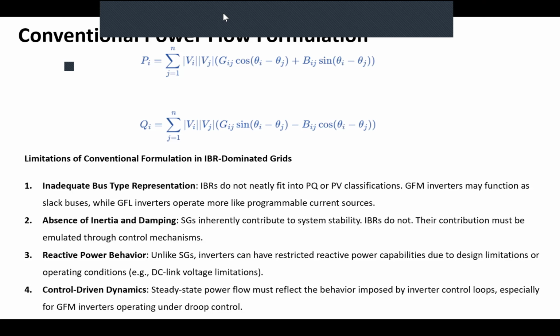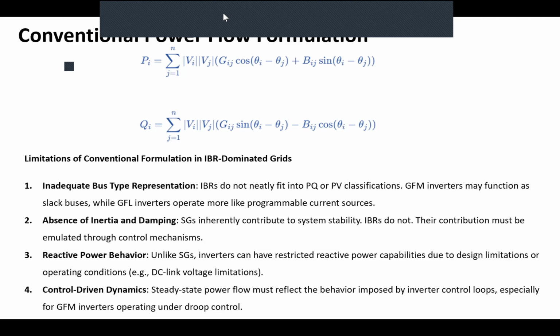So if we have an infinite amount of capability for delivering reactive power, then we don't have a problem. If the voltage drops, it automatically drains the reactive power and adjusts the voltage. If the voltage goes up, it automatically consumes the reactive power and adjusts.